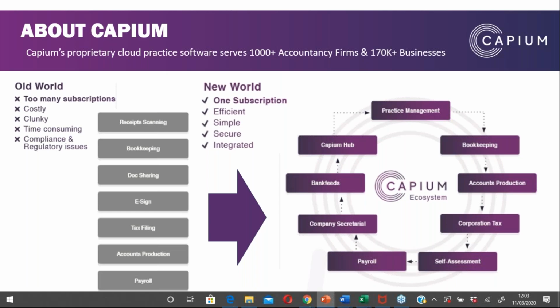We were born in that cloud boom era where multiple softwares were introduced to address one part of the problem. We saw an opportunity to approach this very differently, and we've always come at it as a whole product business where we try and service what is core to the accountant in practice.